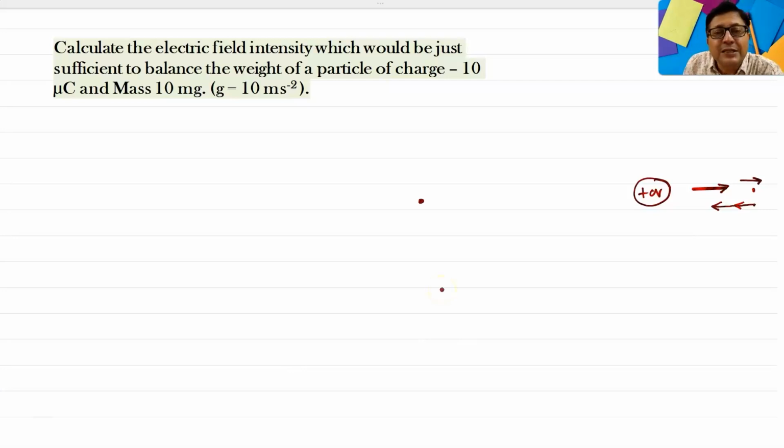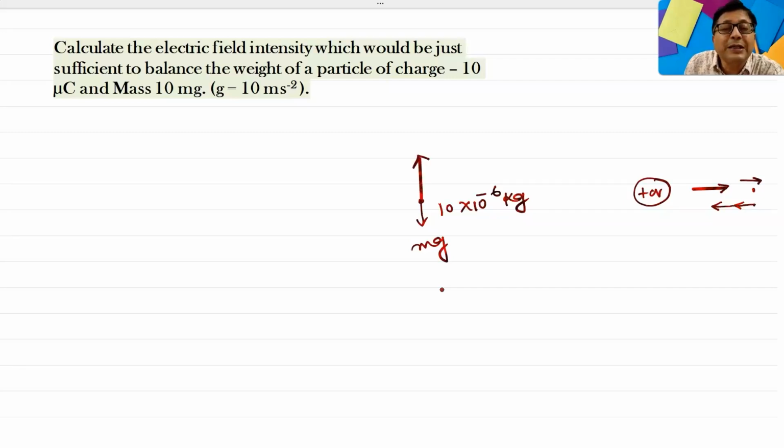So, this minus 10 μC charge, whose weight is 10 milligram, that is 10 into 10 to the power minus 6 kilogram, will experience force opposite to the direction of the electric field. Here the force of gravity, mg, is acting downward, and the electric force must be in the direction opposite to it.